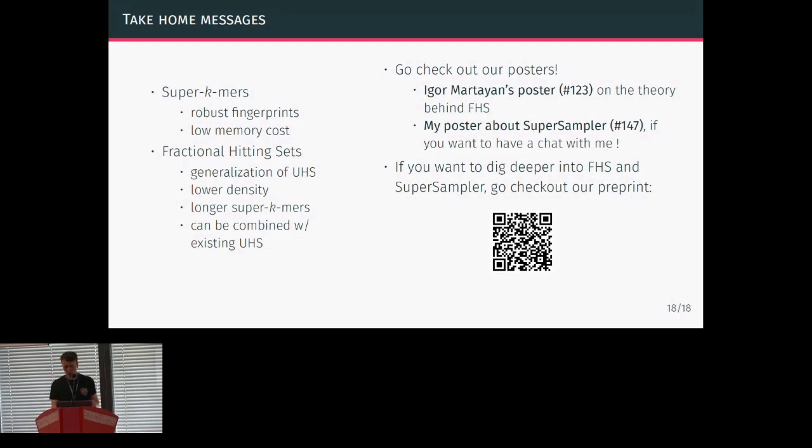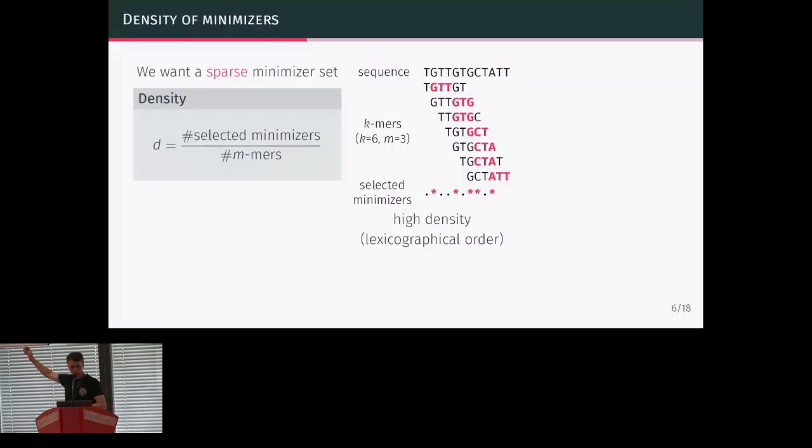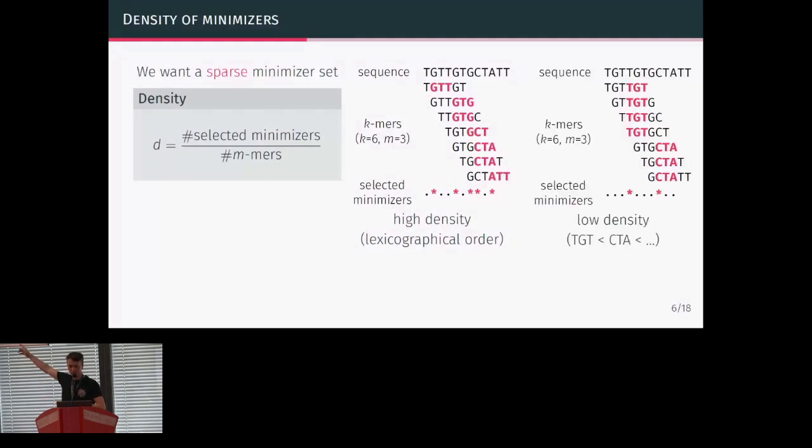Yes, okay. It's because if I show you a super k-mer here, you've got your k-mers, okay? And if we represent them using minimizers that are friendly with us, which is generally the case, we represent the super k-mer as one sequence.